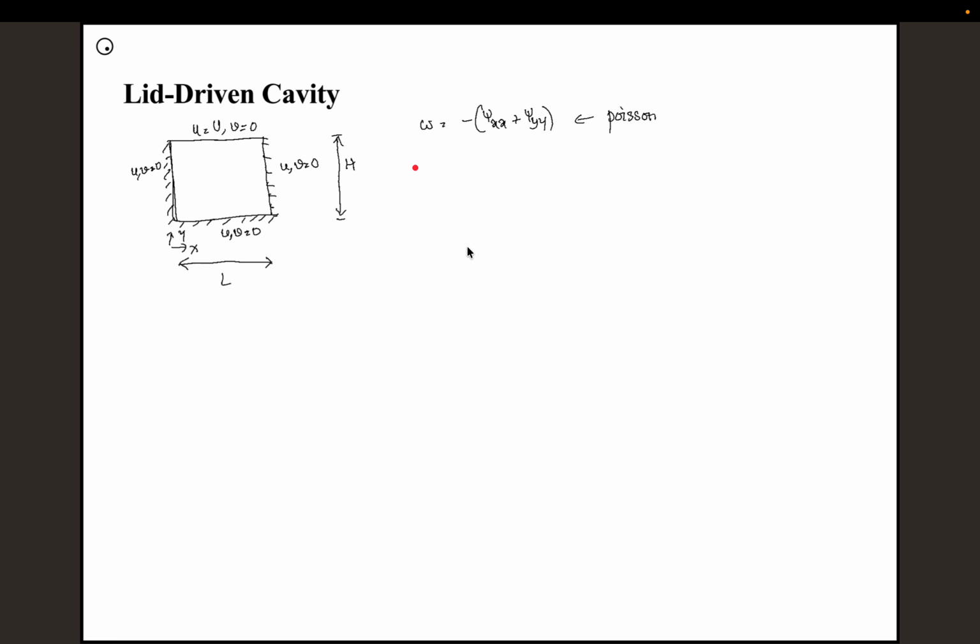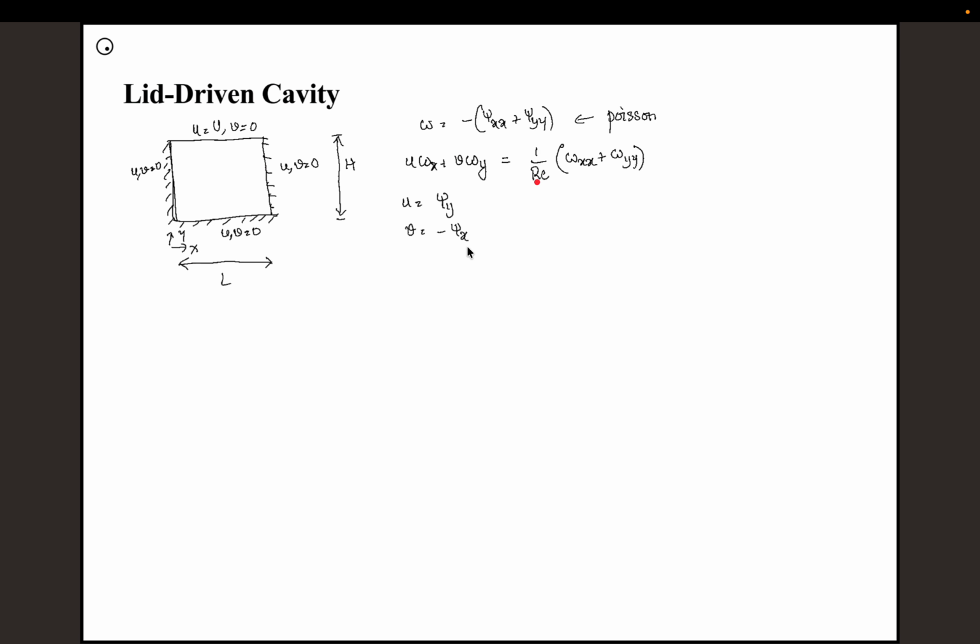And then we have the momentum equation, which is converted into u omega x plus v omega y. Instead of mu, in the non-dimensional form, we will have 1 by Reynolds number times the Laplacian of omega, where u is psi y, v is minus psi x.